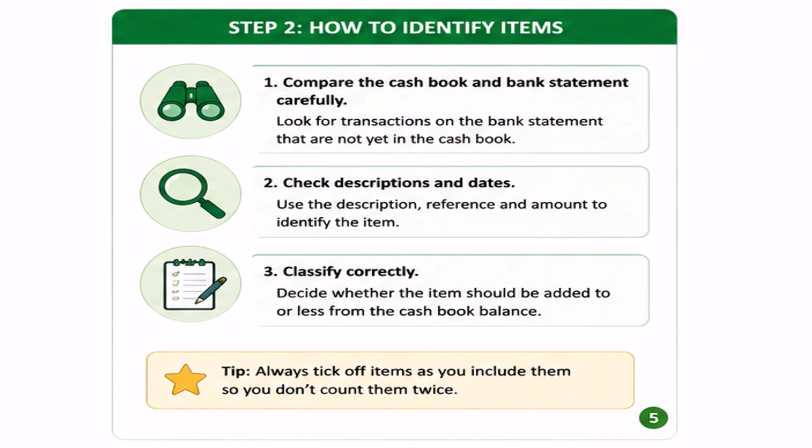By doing so, you are completing the adjusting of your cash book step of reconciliation. Always make sure that you tick off what you've corrected. That helps you to understand what is left to do.